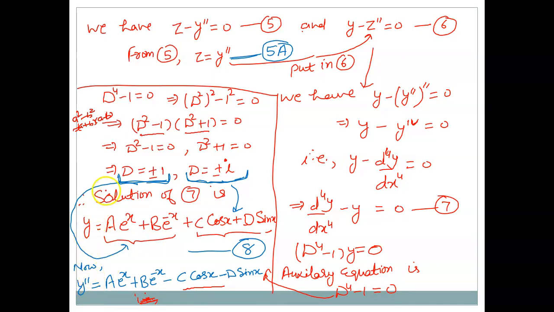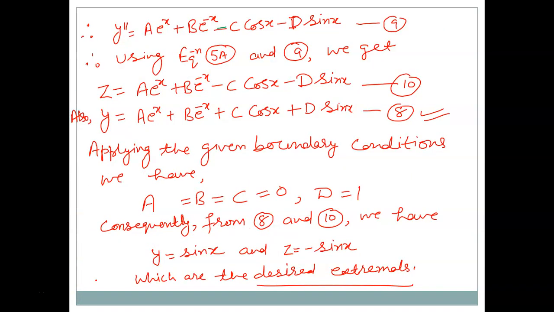Because we want to find the value of function z, and we are already given that y double dash is equal to z. So once you calculate y double dash, automatically you have obtained the value of function z. So y double dash is this. Using 5a and 9, we get z equal to this. We call this equation 10.